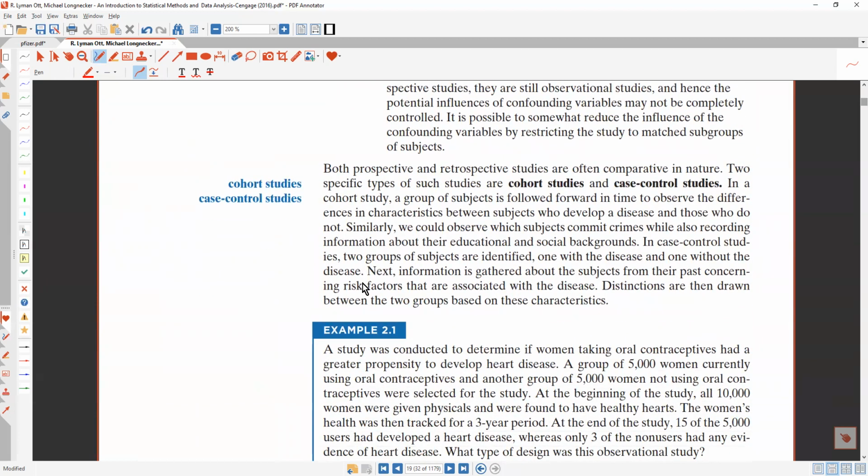There's the idea of cohort studies and case control studies. A couple definitions there to read up on, be familiar with. I'm just going to talk about this cohort study a little bit. The cohort study is interesting because you can follow a group forward in time to see what happens with them. So for instance, maybe they want to do a longitudinal study where they want to see the reading ability of those in second grade, right?